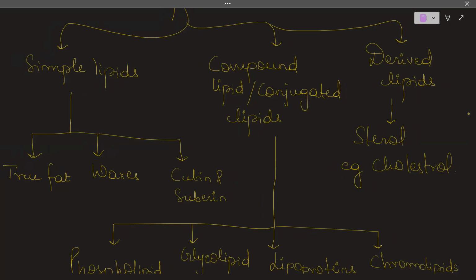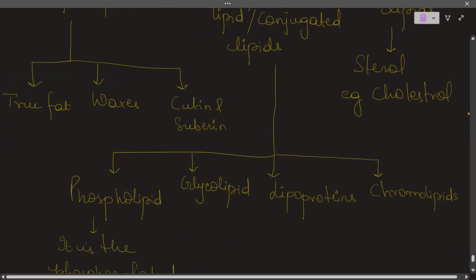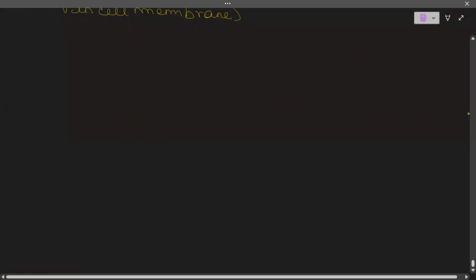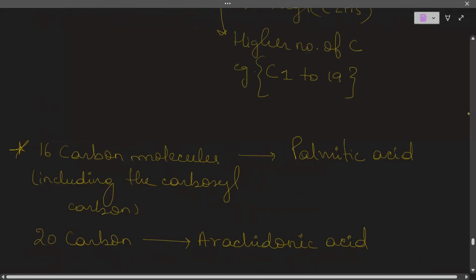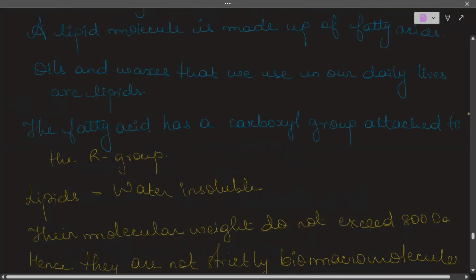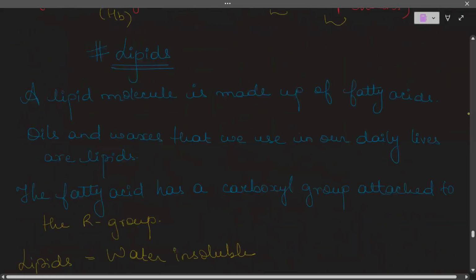Before that, do you know what a purine and a pyrimidine are? Okay, don't worry, even if you don't know, it's fine because you're studying it for the first time here. We'll discuss the nucleic acid next. But is the lipid clear to you all, students? Now you can note down.